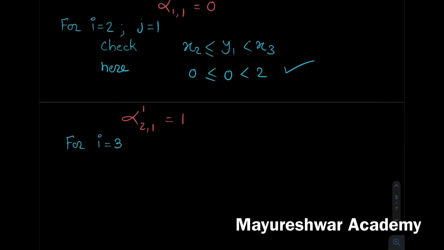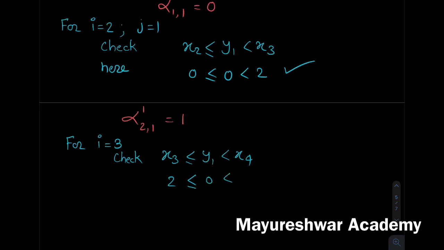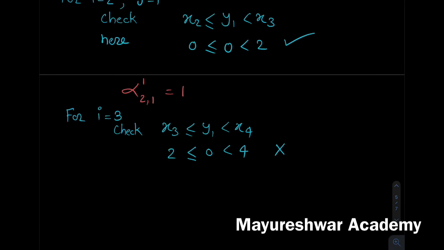Again, increment i. For i equal to 3, check whether y1 belongs in between x3 and x4. The y1 value is 0 and these are 2 and 4, so this is a failure. For this reason alpha 3,1 will be equal to 0.